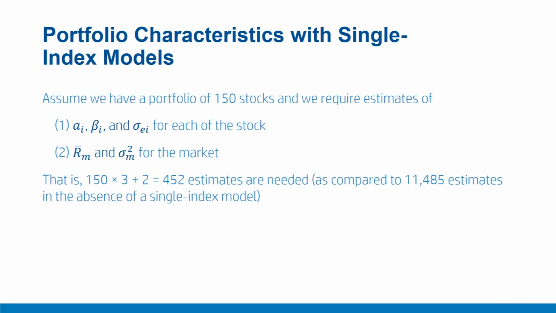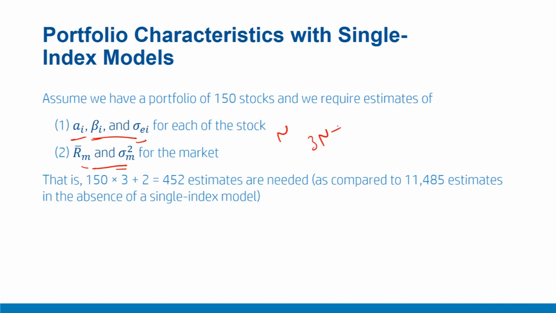Looking at these equations of portfolio risk and return, it should be clear that we require estimates of alpha I, beta I and sigma I for each of the stocks, and estimates of Rm bar and sigma m square for the market. Now, if you have n securities, then you need 3n estimates for these 3 terms and 2 estimates for these 2 terms.